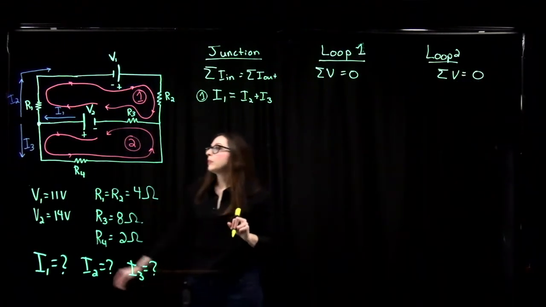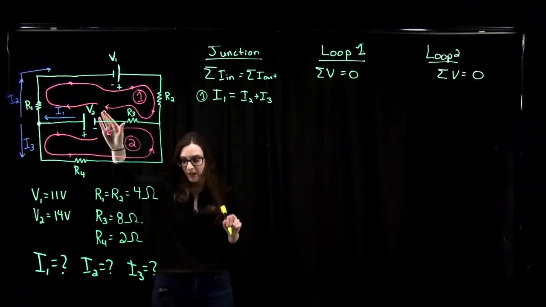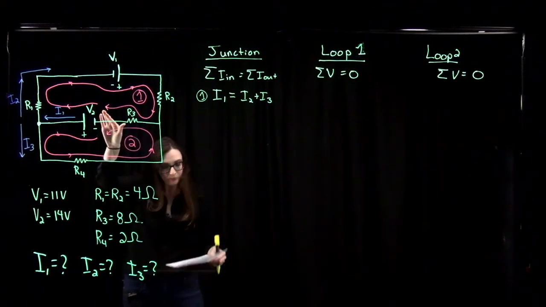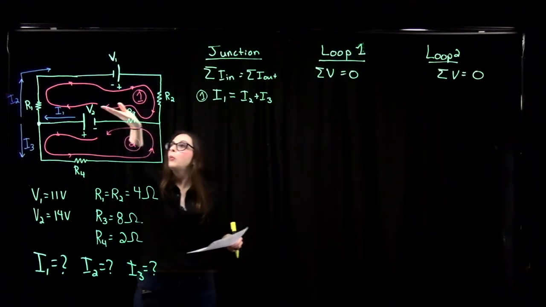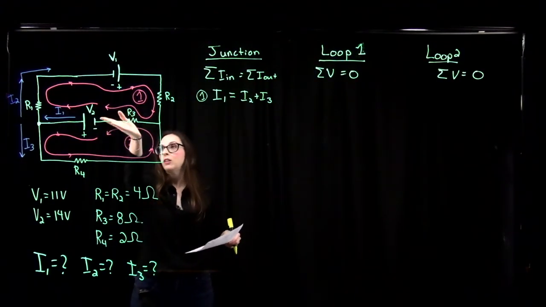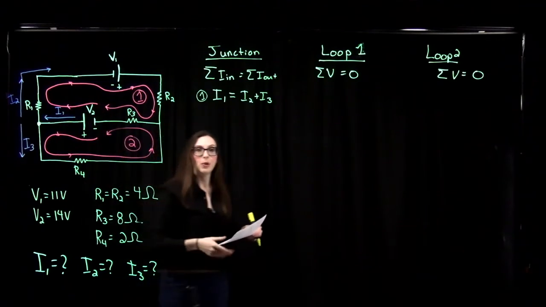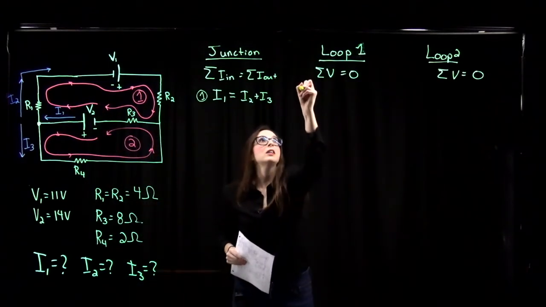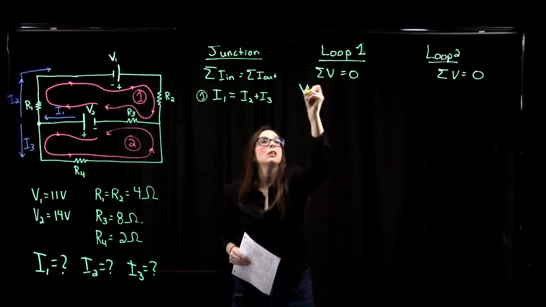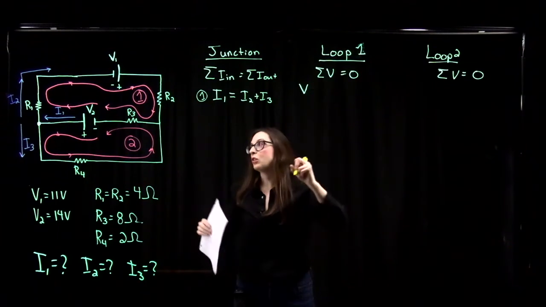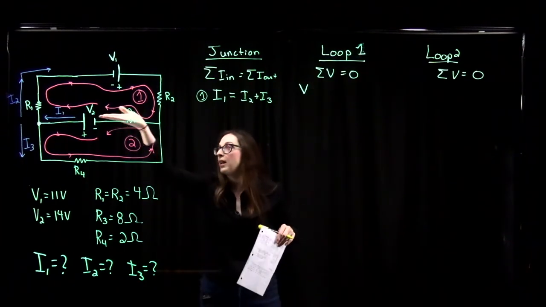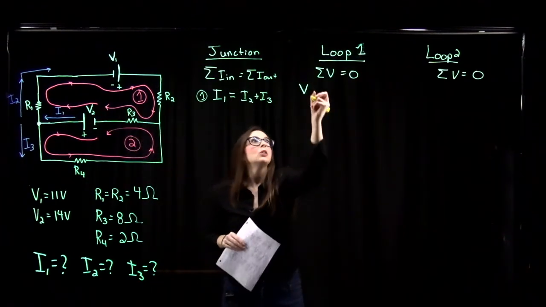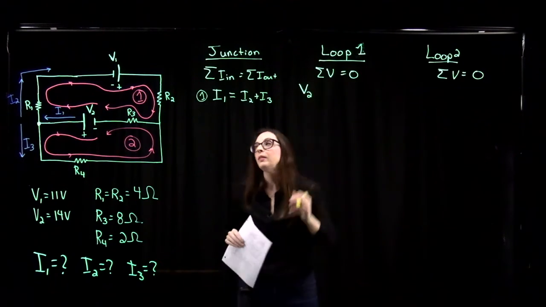If we are starting here at loop 1, we're moving through our battery from the negative to the positive terminal. So that's a positive quantity for potential. We're gaining potential as we move from the negative to positive terminal. So I'm going to say V2.